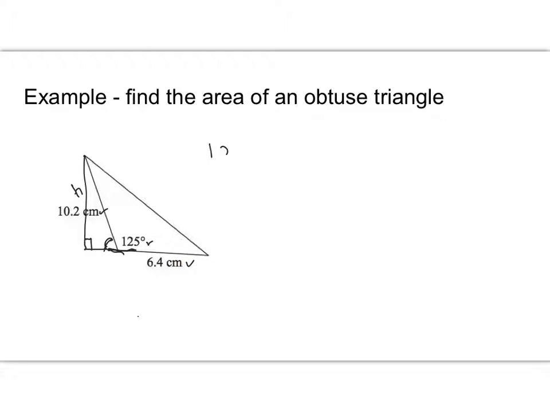So in order to find that, you know that supplementary angles have to add up to 180 degrees. So I would just subtract 125 degrees from both sides, and I'd end up with my angle is equal to 55 degrees. So I'll go ahead and label that here.